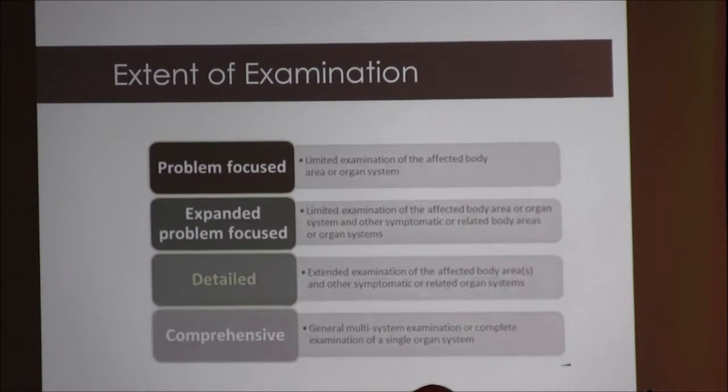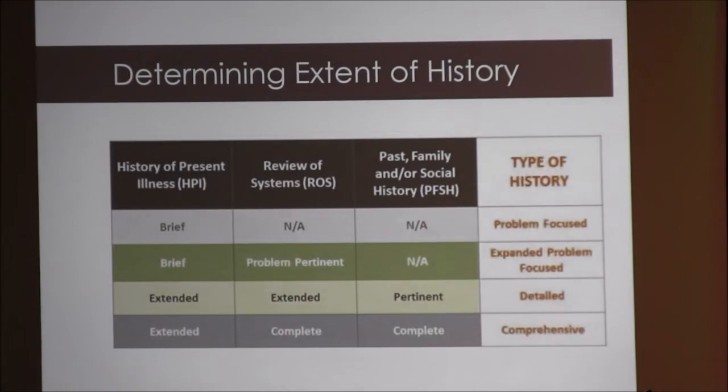On a new patient, it's important to have a comprehensive exam. And on a new patient, all three components need to be of the highest level. So all three need to be considered in order for it to be decided.